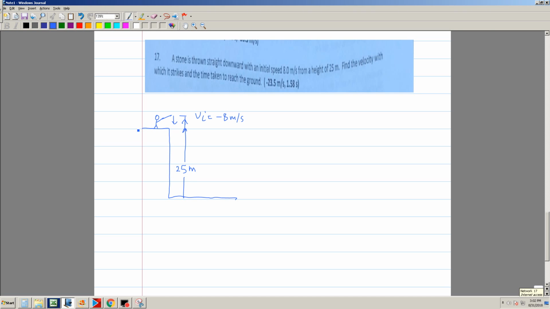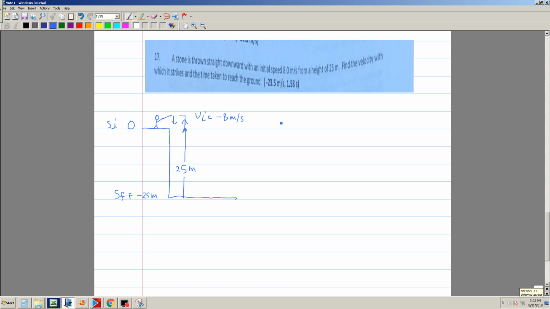So we can set this as 0 distance. So we can say that this is the initial, and then this is the final. And we can say that it's -25 meters because you're going downward. Okay.